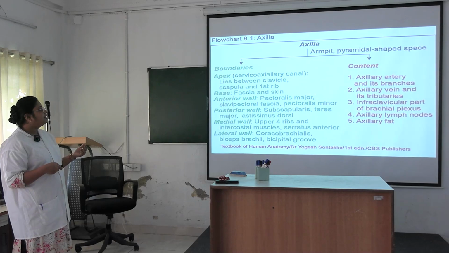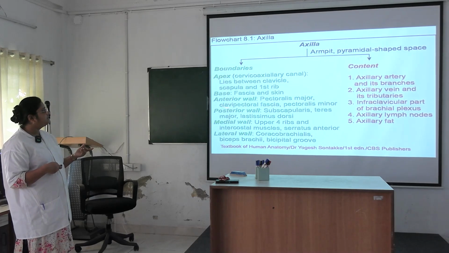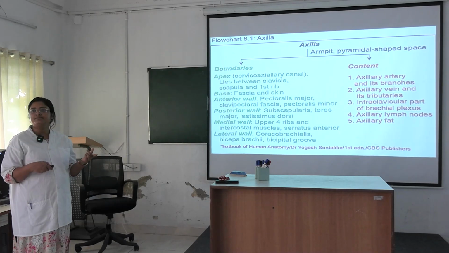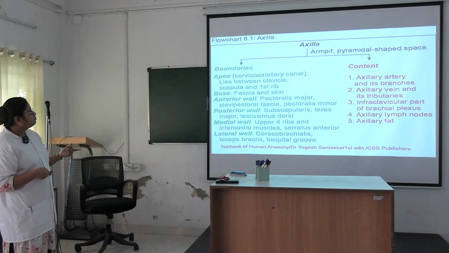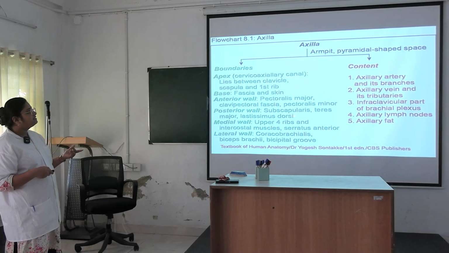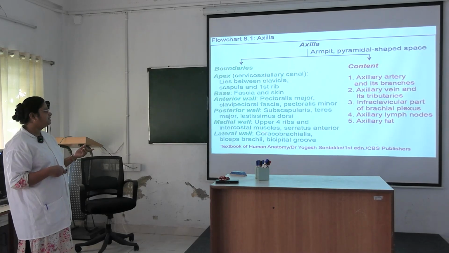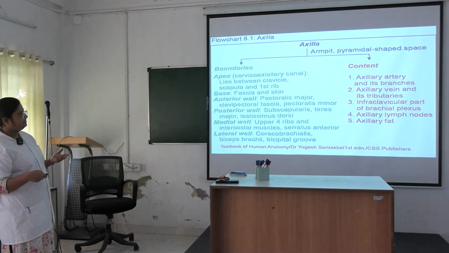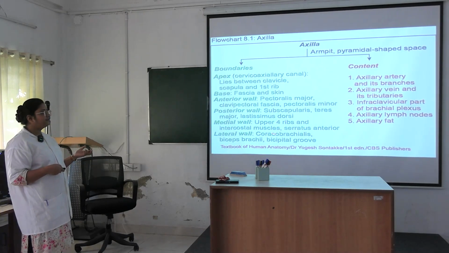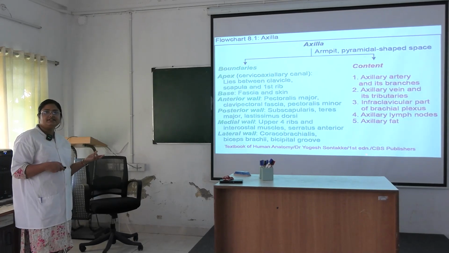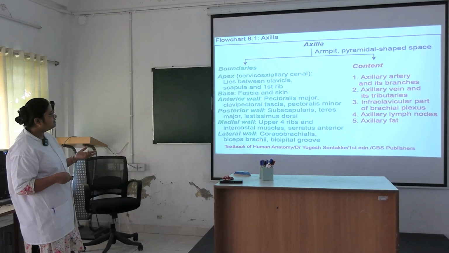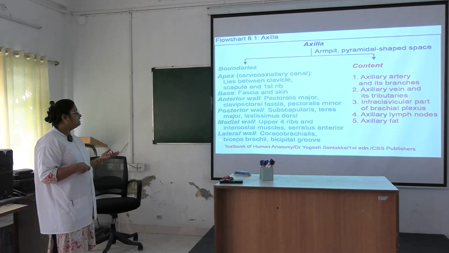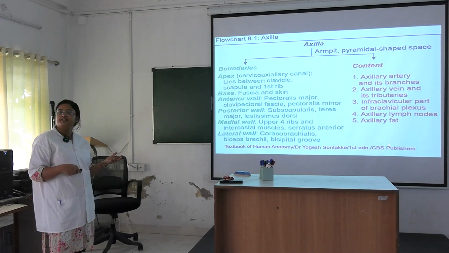An anterior wall formed by the pectoralis major, clavipectoral fascia, pectoralis minor. And posterior wall is formed by the subscapularis, teres major, latissimus dorsi. Okay. Medial wall is formed by the upper four ribs, intercostal muscles and serratus anterior muscle, and lateral wall is formed by the coracobrachialis, biceps brachii and bicipital groove.